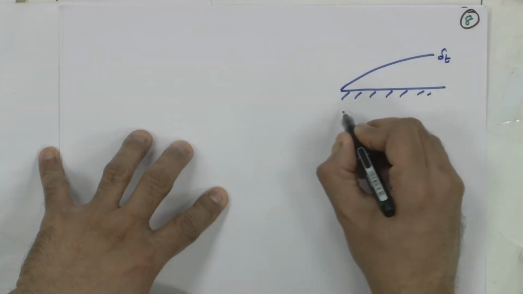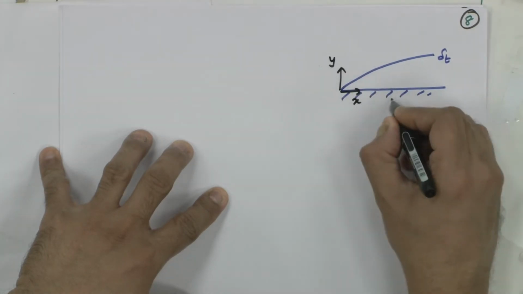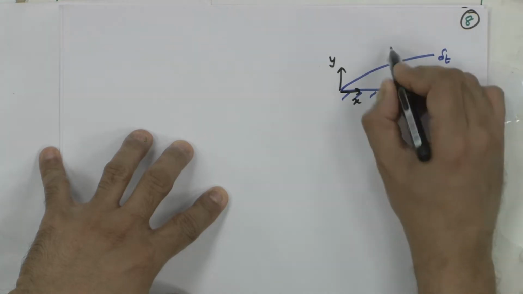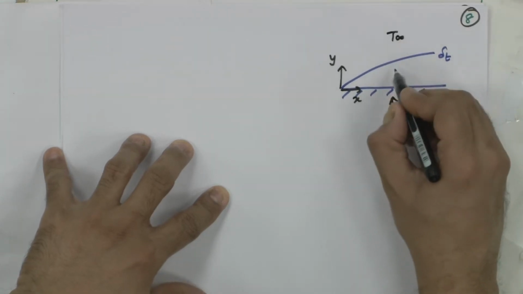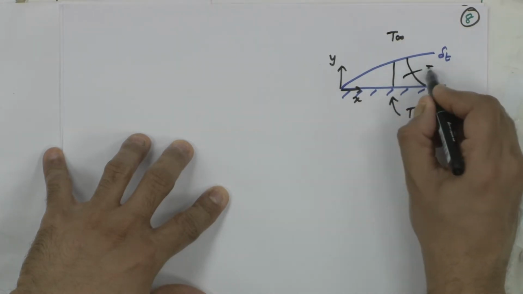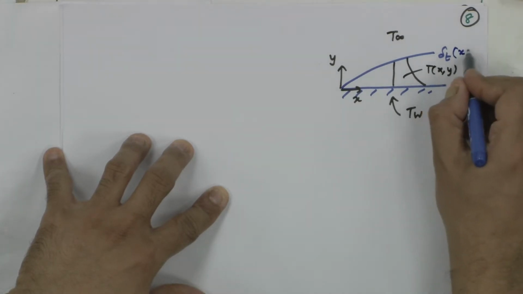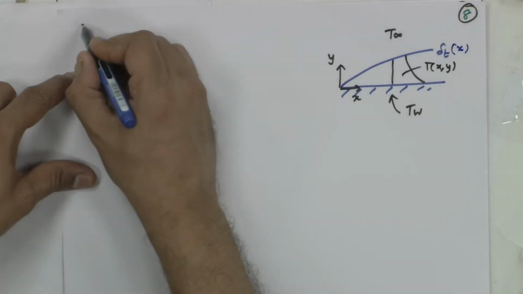In this case, y is this way, x is this way, this is T wall, this is T infinity, and here is my temperature profile, which is T of x comma y. Delta T is a function of x. So, BCs.